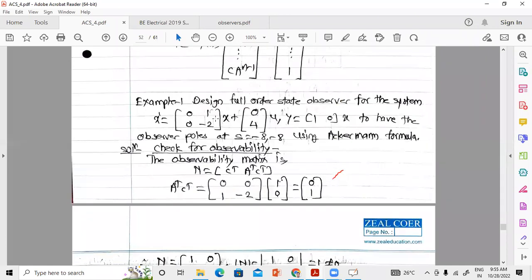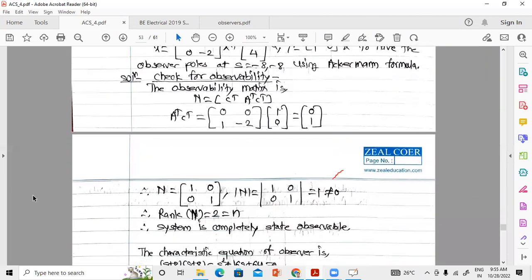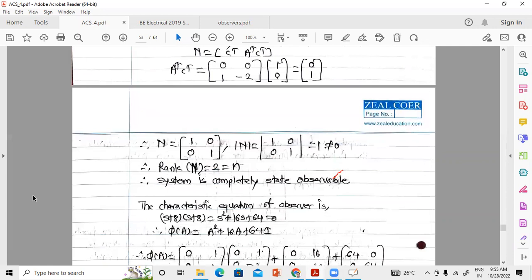So x dot is equal to [0, 1; 0, minus 2] x plus [0; 4] u, y is equal to [1, 0] x. This is the system. s is equal to minus 8, minus 8. It is the same example that we have seen just now. So first we are checking whether the system is observable or not. Once it is checked, we say that the system is observable.